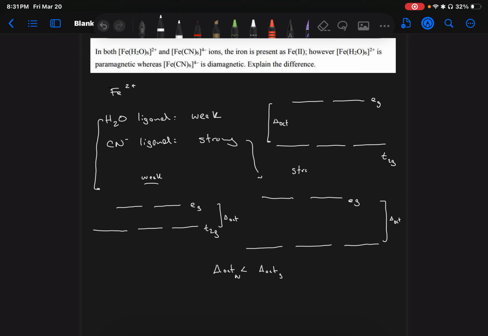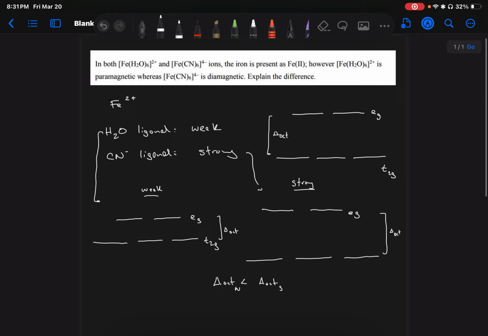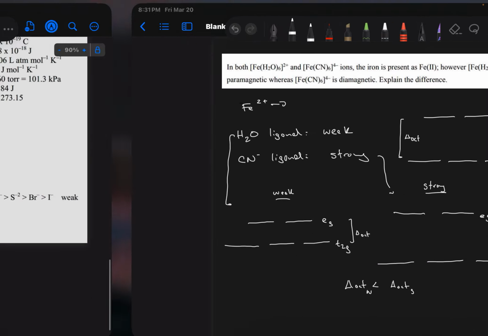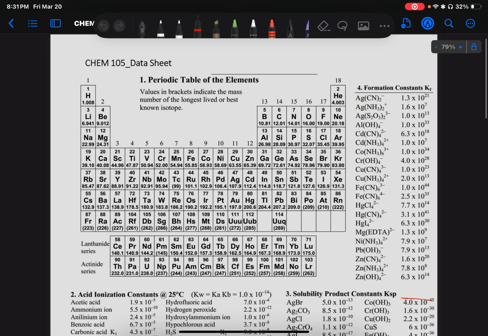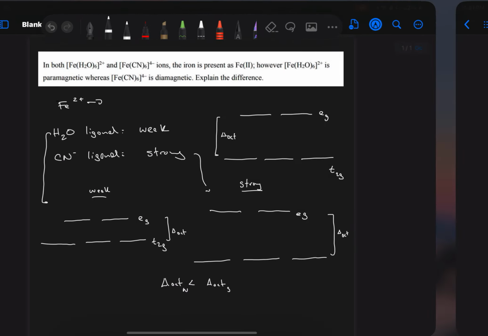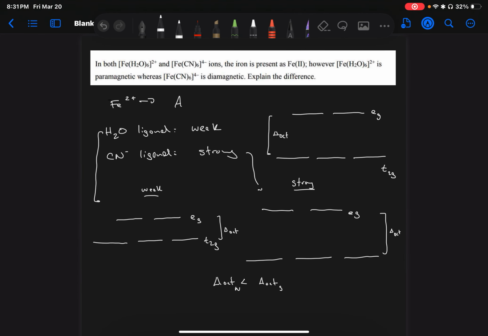This is for the electron configuration of iron 2 plus. Neutral iron is 4s2 3d6. If we take away 2 electrons from the 4s level, that leaves argon 3d6.